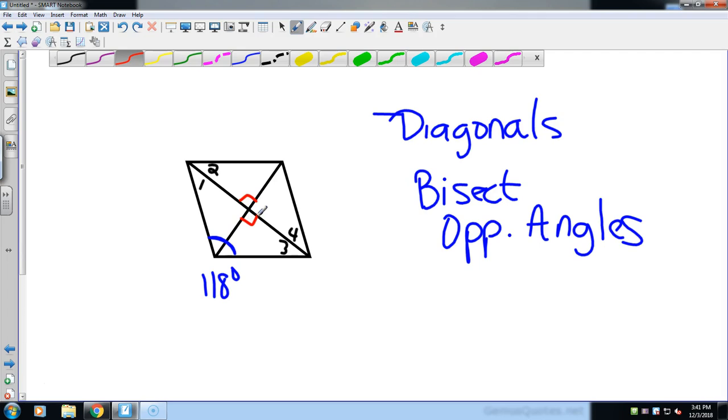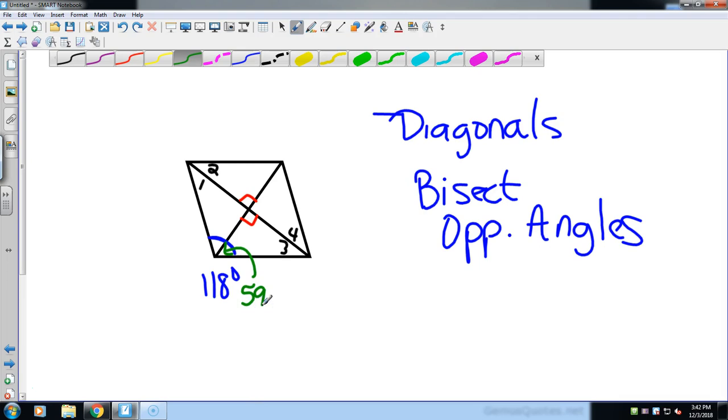And so if this is 118 degrees, then this angle right here is half of 118, which is going to give me, let's see, if it was 120, that would be 60, so it's 59. Each one of those is 59 degrees.